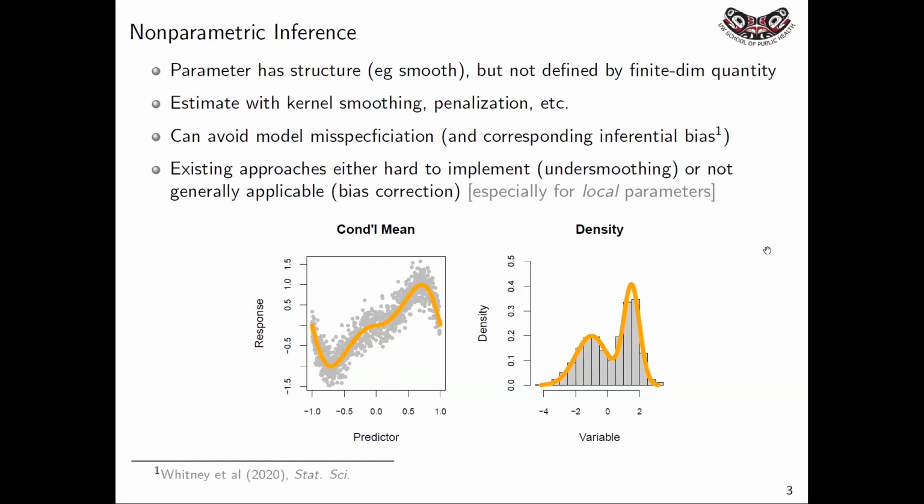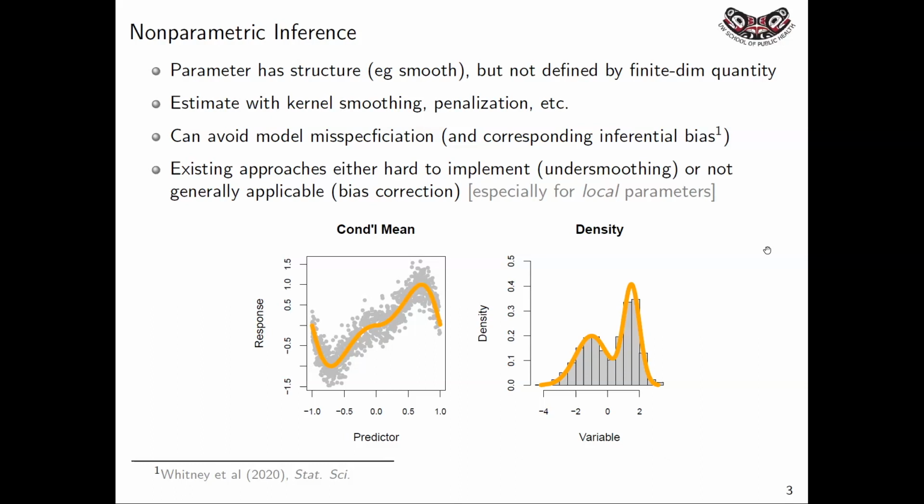So we have to put some constraints on it. Usually what we assume is some sort of smoothness or belonging to some function class that is somewhat well understood, but it's not defined in a finite dimensional way. So it's infinite dimensional. So this is a parameter that is general. So we do kernel smoothing, for example, for density estimation.